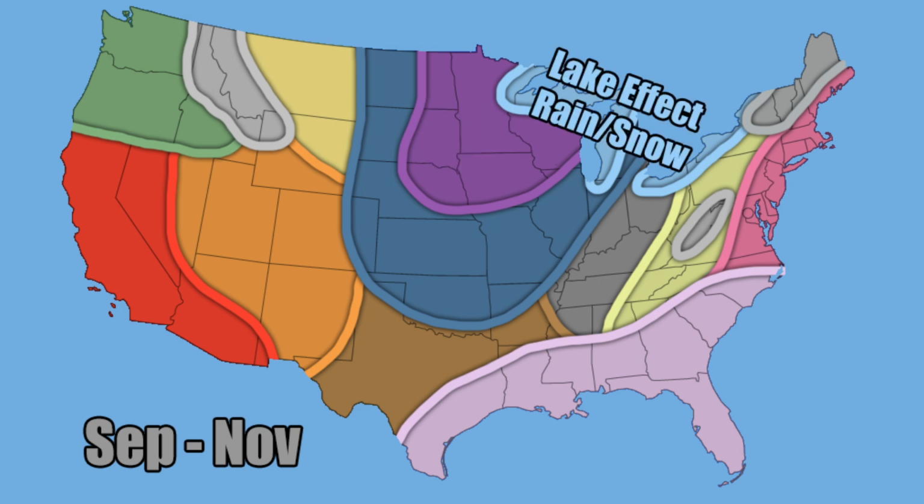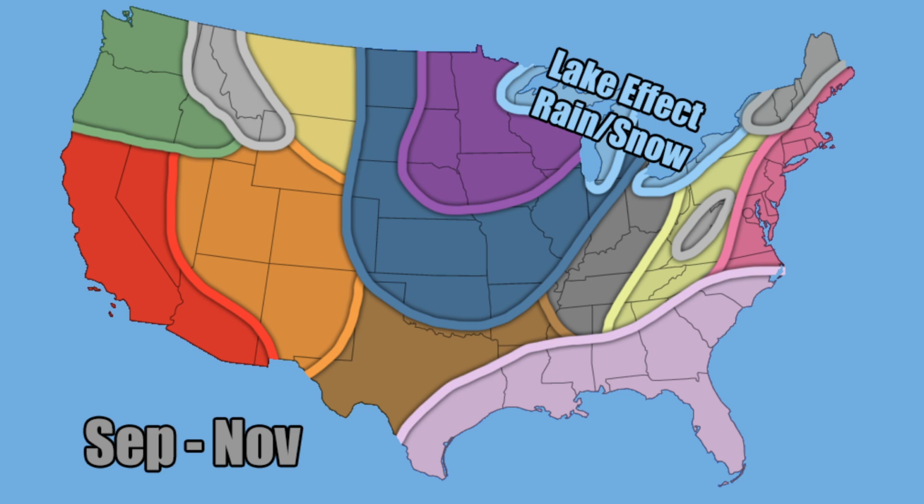Now, all around the Great Lakes, this is where I'm expecting lake effect rain slash snow. You can get lake effect rain, and we've already seen it this summer, where we have some decent and very potent thunderstorms form over the Great Lakes and really get going over the Great Lakes, and then just move further to the east as time goes on and really intensify.